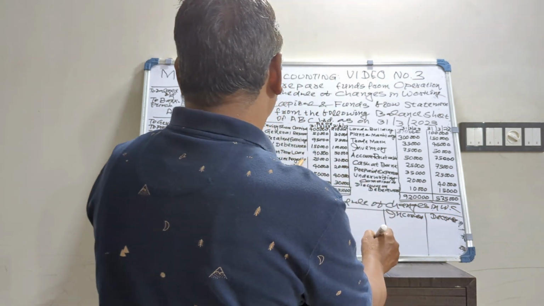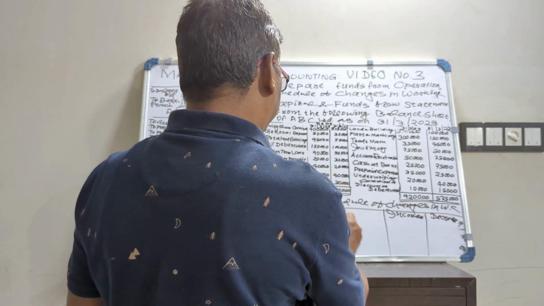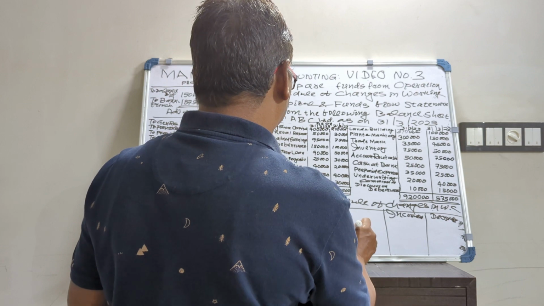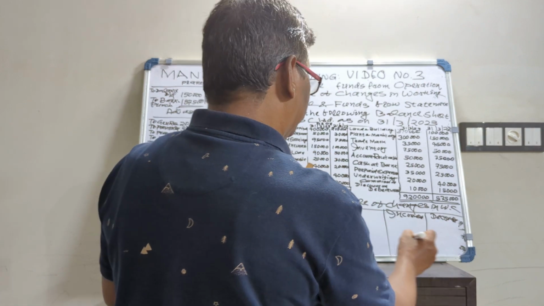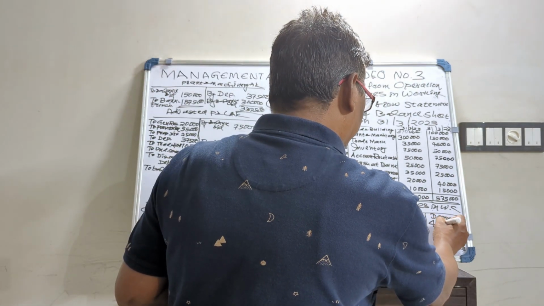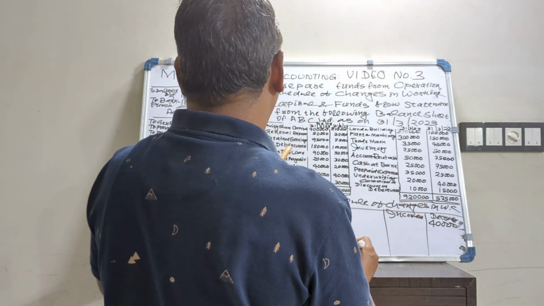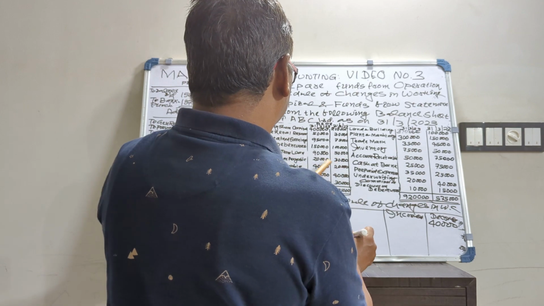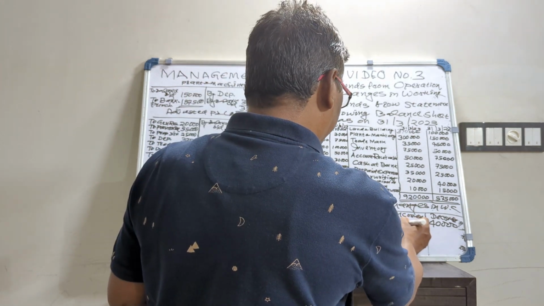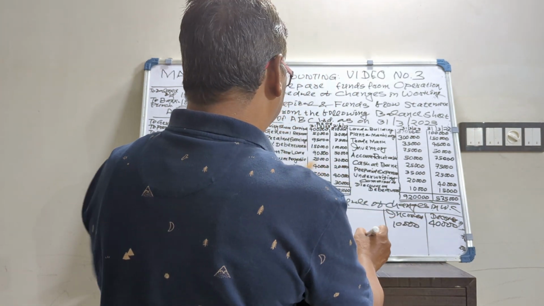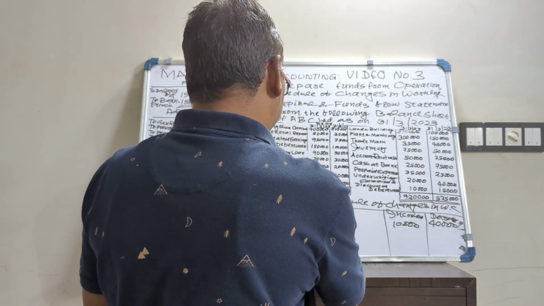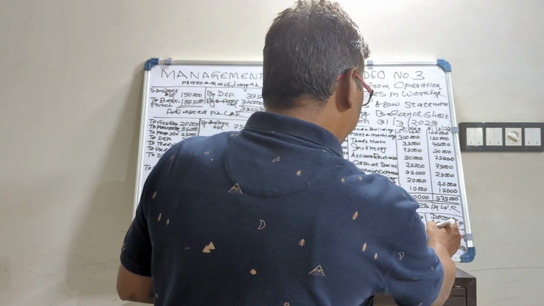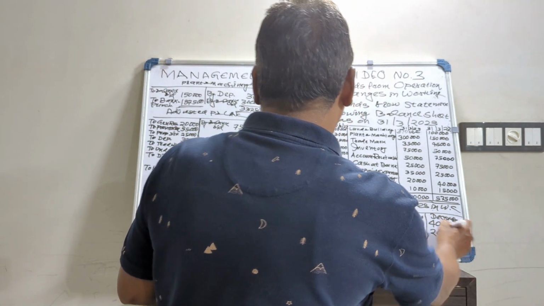Here short-term loans increase. So write short-term loan, that is increase 40,000 and decrease in working capital 40,000. Then accounts payable decrease 10,000 and increase in working capital 10,000. Then bills payable increase 20,000, increase 20,000 means decrease in working capital.